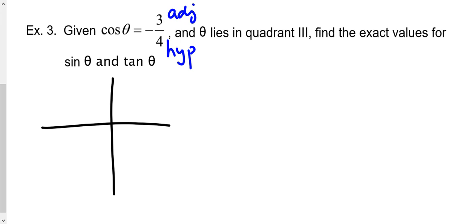Now there is a problem. Where do you apply the negative? You can say it is -3 and 4, up here, or you can look at it this way, 3 and -4.